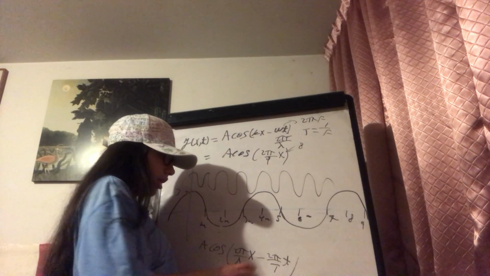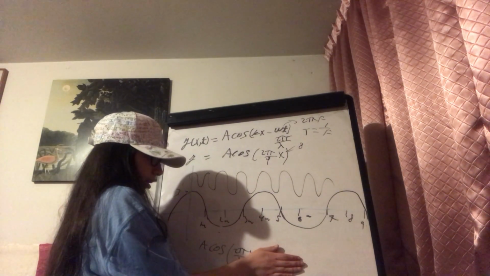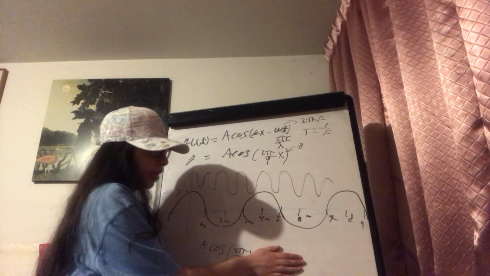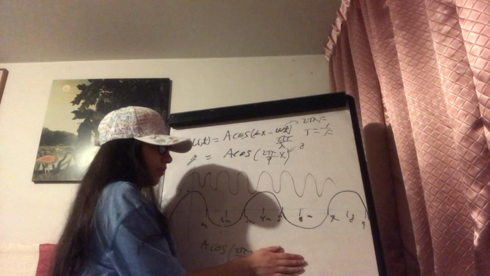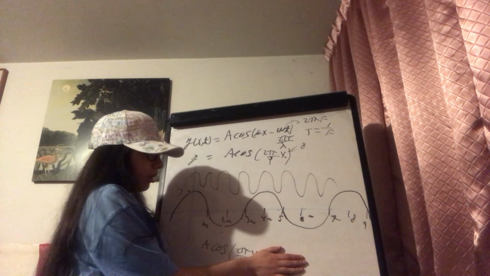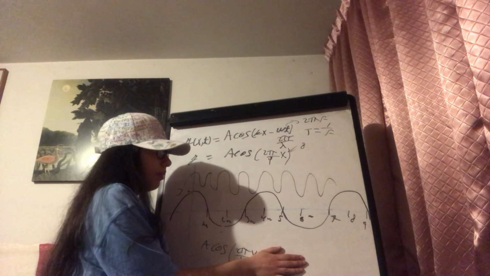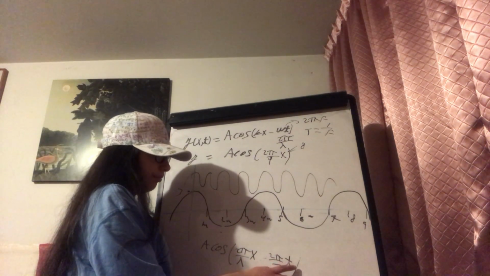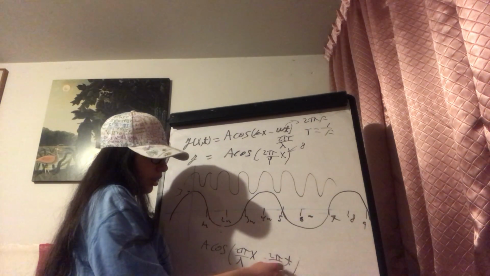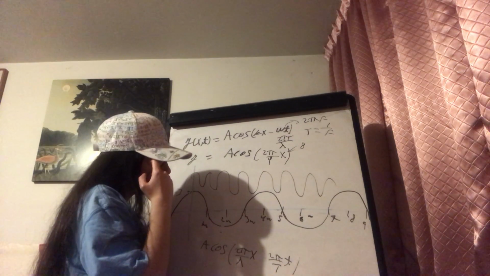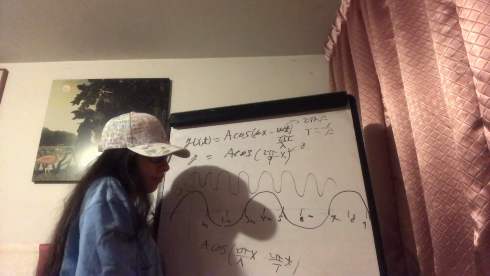That is, if here I have t equal to 0, I'm not shifting anything, but if I shift it, let's say by the period, so here I would have T, and then this would cancel, and I would just have this minus 2 pi.